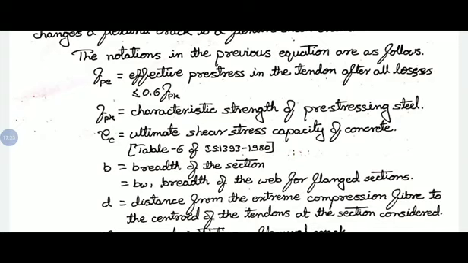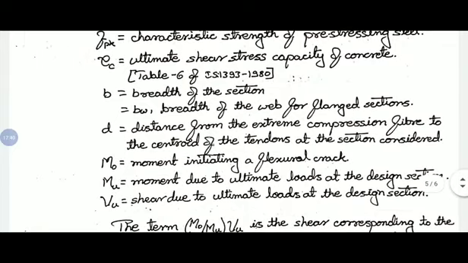B, breadth of section for a rectangle and BW for flanged sections. D, distance from the extreme compression fiber to the centroid of the tendons at the section considered. M naught, moment initiating a flexural crack. Mu, moment due to ultimate loads at the design section. Vu, shear due to ultimate loads at the design section.